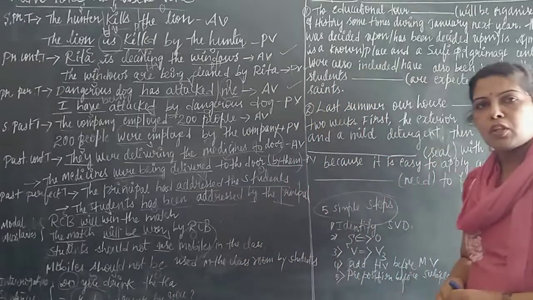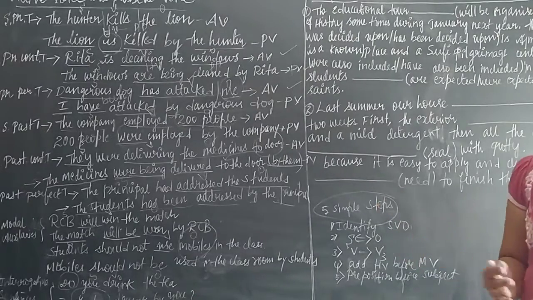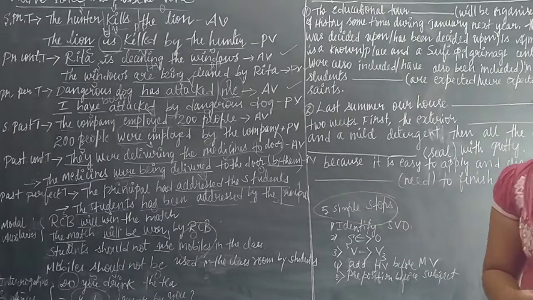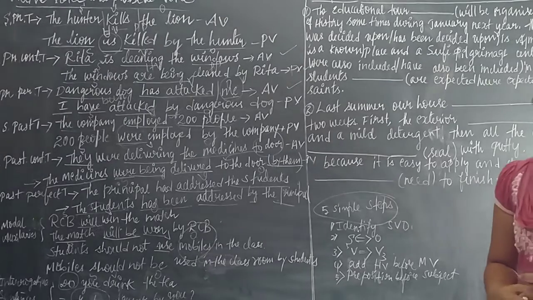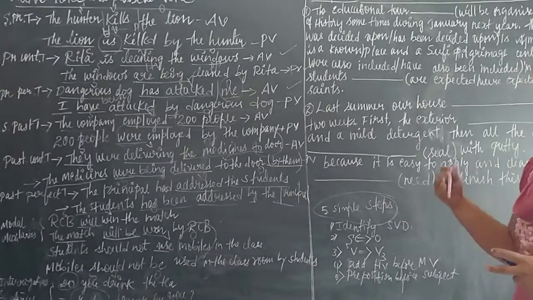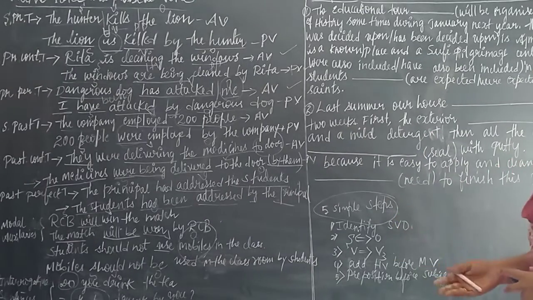So I hope you are clear with these rules and how to change. Take different examples from your textbooks and various instances in everyday life and try to rewrite them and express them in passive voice.